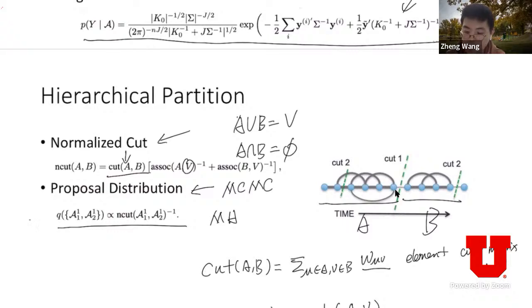They first draw samples from the proposal distribution, and based on the likelihoods and the proposal distribution, they come up with an acceptance rate to decide whether to accept or reject the sample.